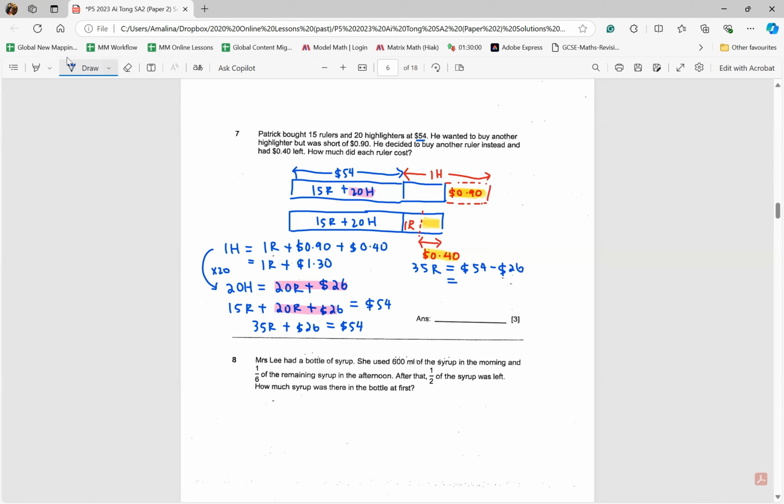This is $28. Then you can find your one ruler. You divide this by 35, you get your answer, 80 cents. So that's the answer for question number 7. One ruler costs 80 cents.